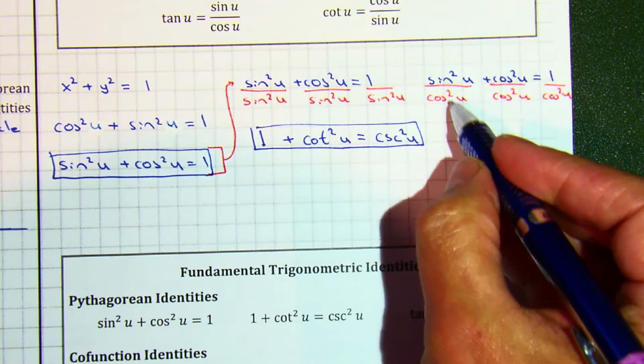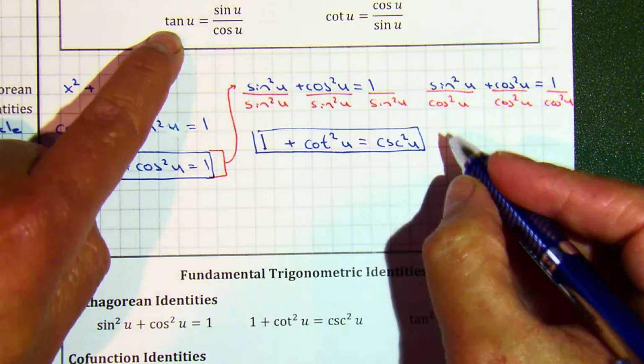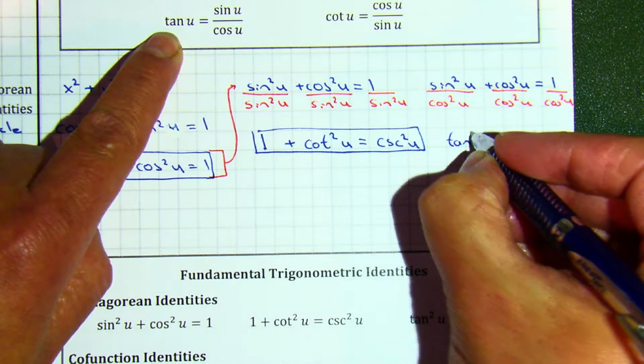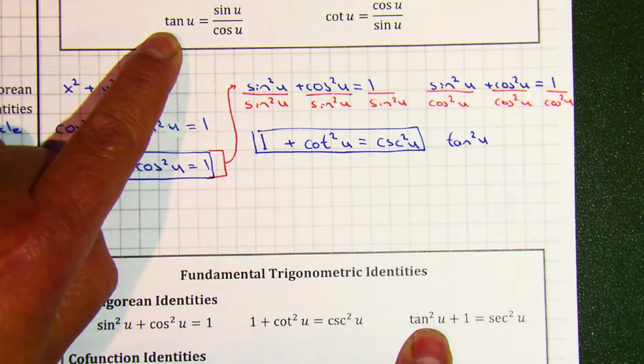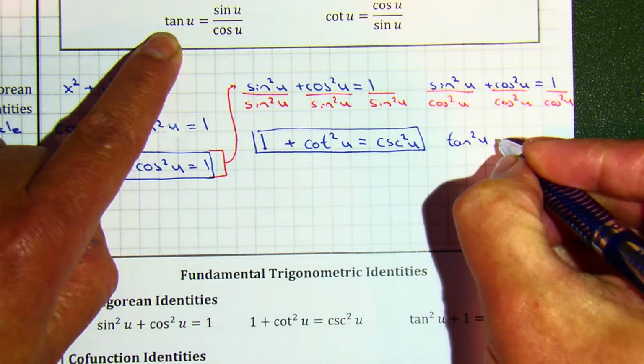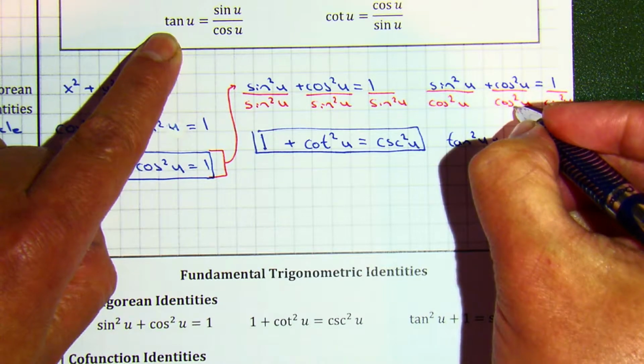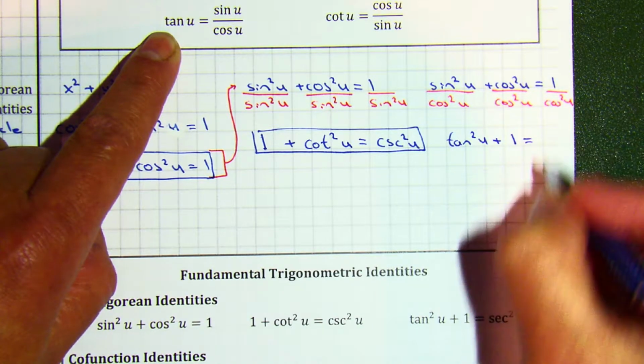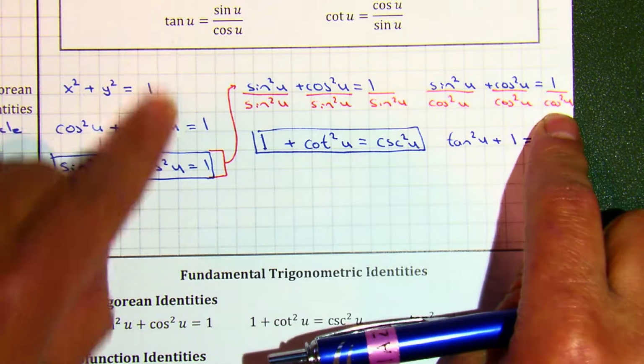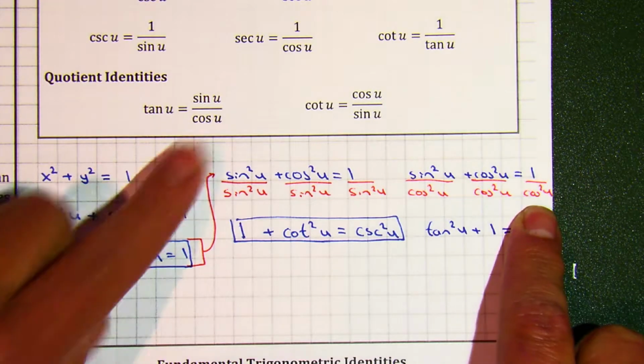Sine square of u divided by cosine square of u will give me tangent square of u. Cosine square divided by cosine square gives me 1. And 1 over cosine, we know that is equal to secant.